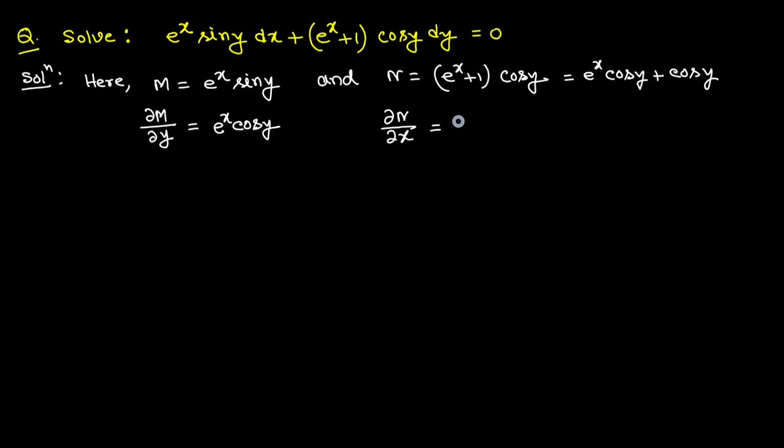So this is derivative with respect to x. Here this is cos y, there is no term of x, so this portion will be 0. Only you have to differentiate this portion with respect to x, so derivative of e to the power x is e to the power x, and cos y will be treated as constant, so this will be e to the power x cos y. Clear?